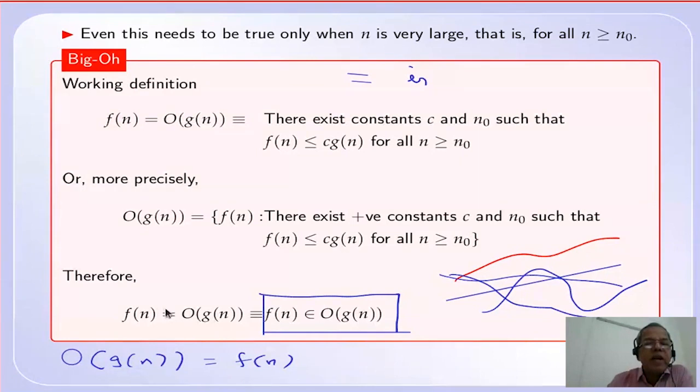Just now I defined whenever we write f of n is big O of g of n, we actually mean f of n is in big O of g of n. If this is the meaning of big O, are we allowed, or is it meaningful, to write big O of g of n is equal to f of n? Yes or no? No, sir.